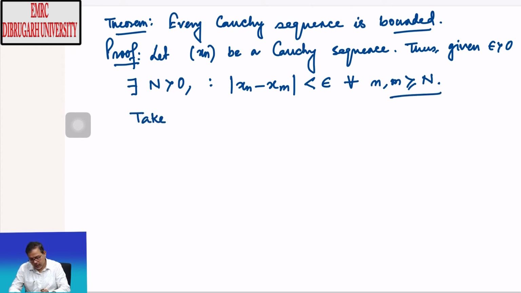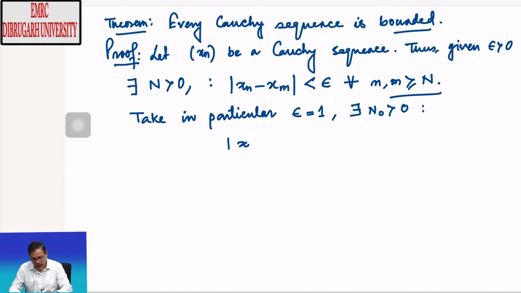Take in particular, this is in line with our result that every convergent sequence is bounded. So, we are taking a similar line of arguments. Take in particular epsilon equal to 1, then there exists some n_0 greater than 0 such that x_n minus x_m is less than 1 for all n, m greater than or equal to n_0.